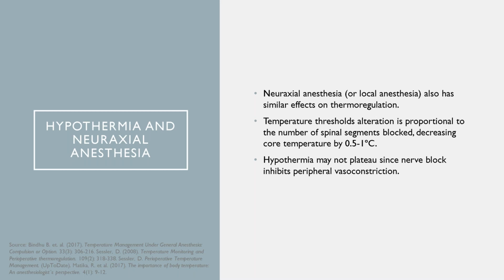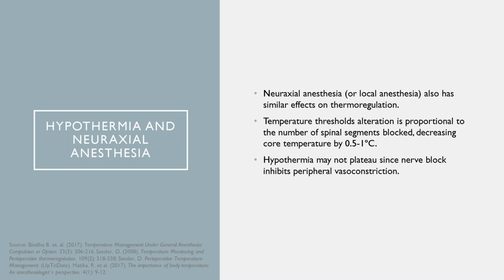So neuraxial anesthesia, local anesthesia, again, very clearly very popular, dominant, used all the time in an ambulatory setting, neuraxial, regional. The problem is that there's still substantial temperature loss and thermal loss that occurs.